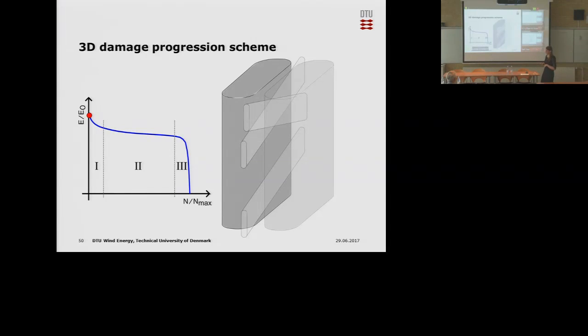If we cycle a little bit, still within this initial stiffness degradation of this curve, we have some off-axis cracks that initiate, and there are probably some associated fiber fractures that initiate, though it is difficult to say whether they initiate just after.